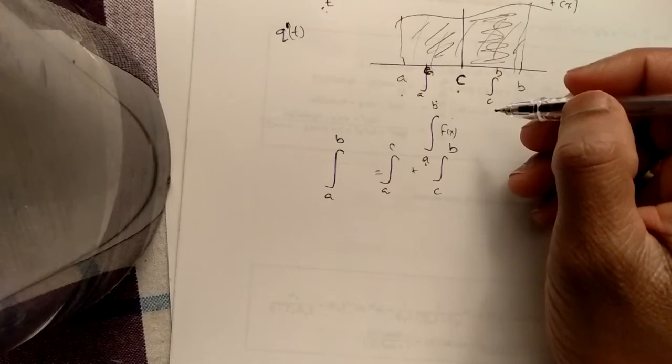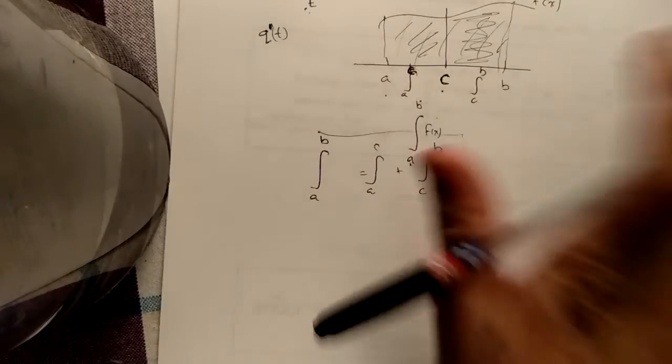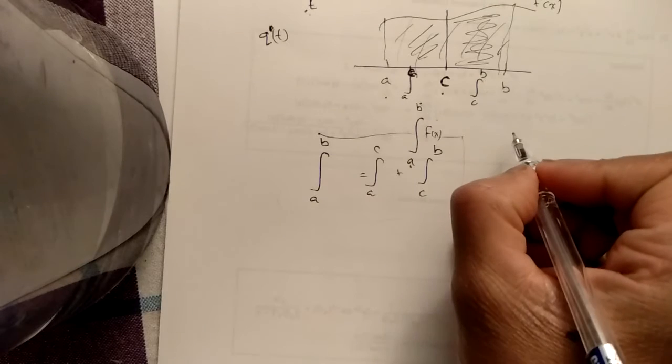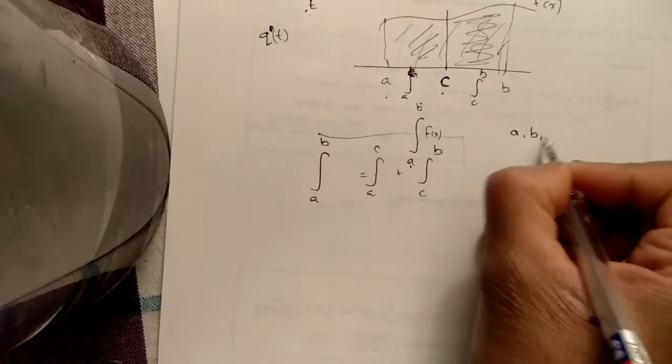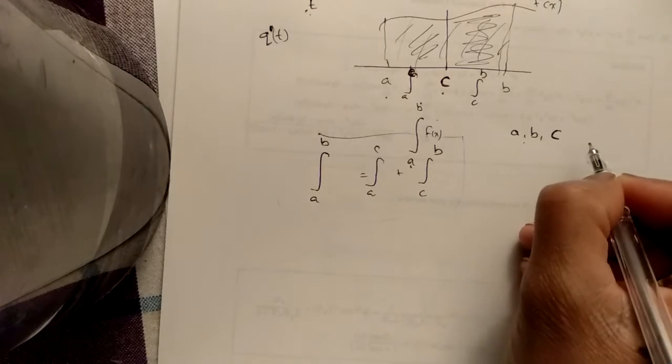So then if you consider the notion of area, this comes as a very obvious result, right? But this is not the only case where we can have this sort of a relationship, right? We can prove, but we are not going to do it in this video. We can prove that whatever the numbers we have like this, the order doesn't matter, right?